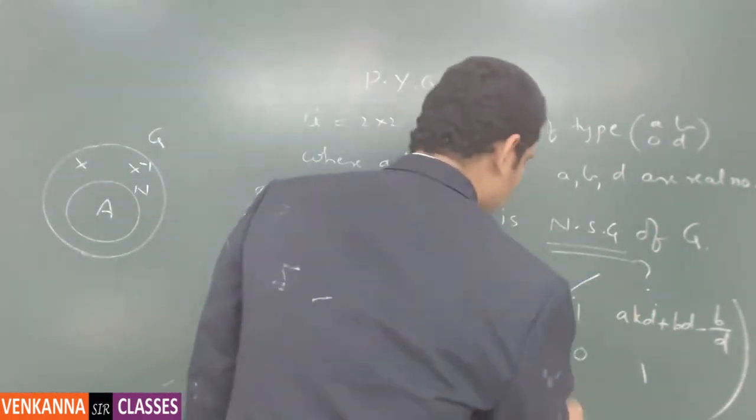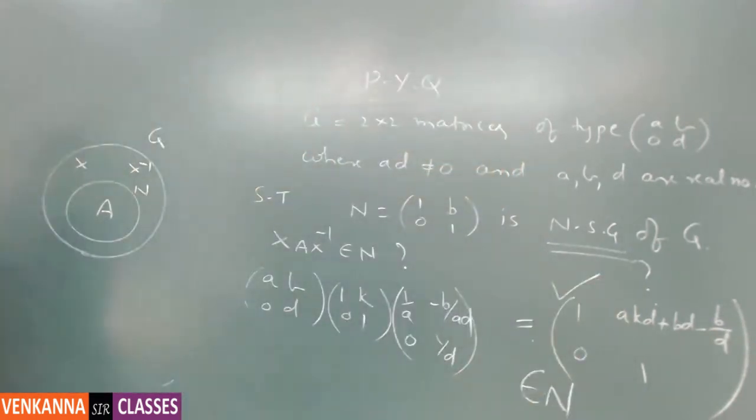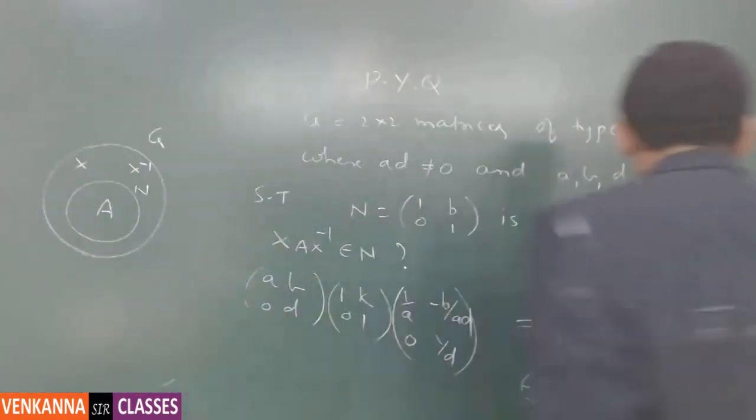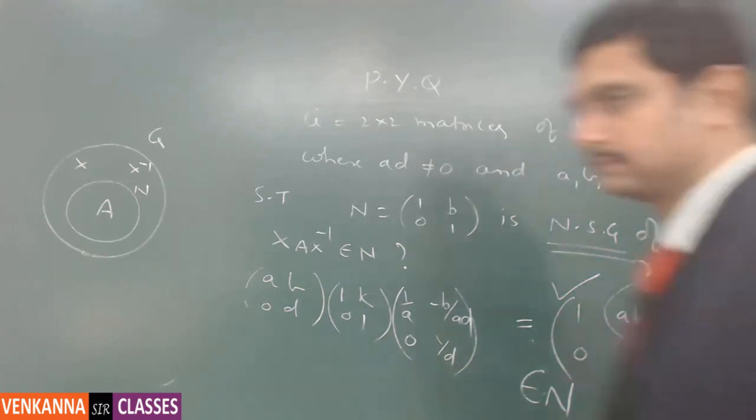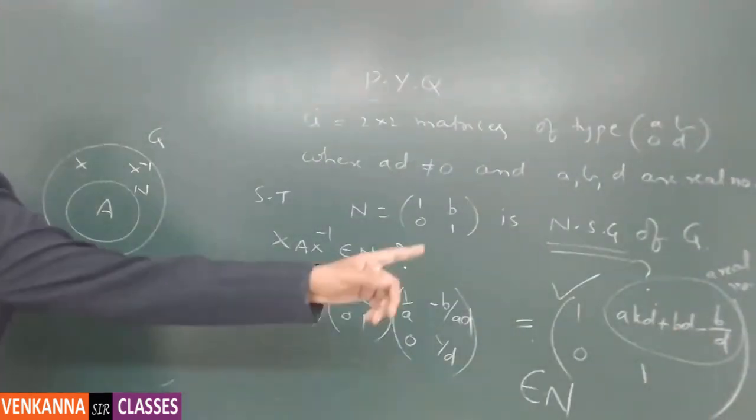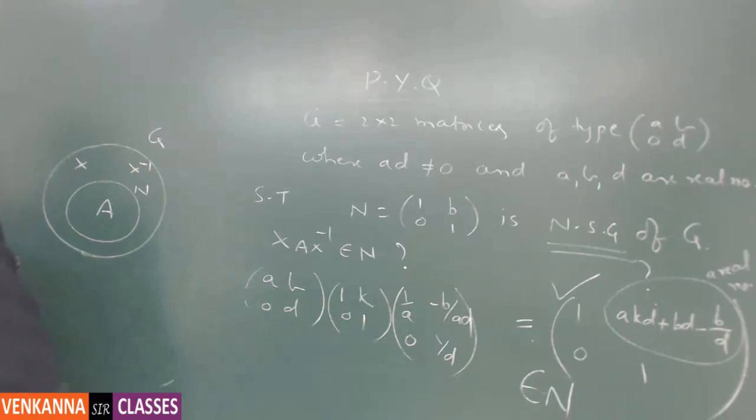So this belongs to N, because the resultant matrix is in the form of the elements of N, where this is nothing but a real number. That's why that value belongs to N. Please check that.